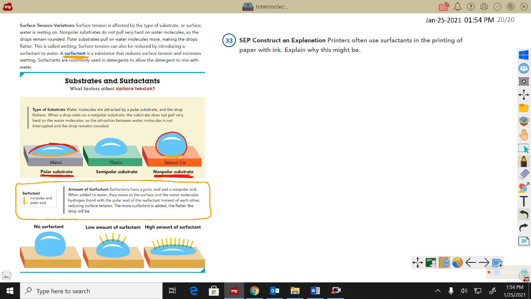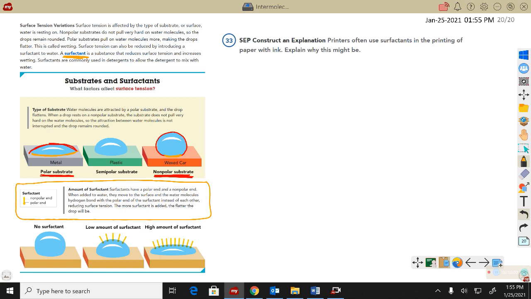And then there's a nonpolar region to the surfactant molecule, and that's called the tail. And so both polar and nonpolar components are put together in a surfactant molecule. They're pretty big compounds. They've got a polar region and a nonpolar region.